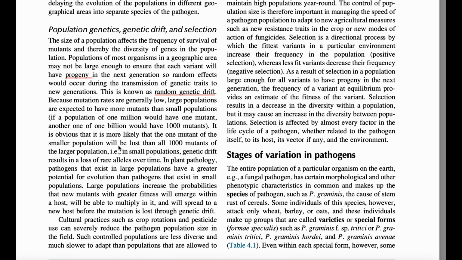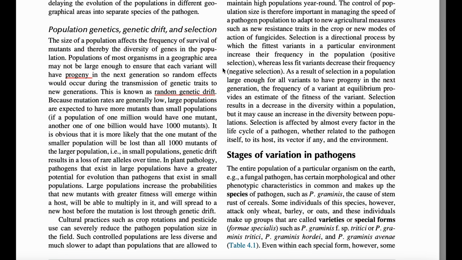So, I'm going to tell you this in simple language, this genetic drift and selection, the natural selection. Natural selection is an adaptive process where individuals with traits better suited, survival of the fittest, we have heard of it.